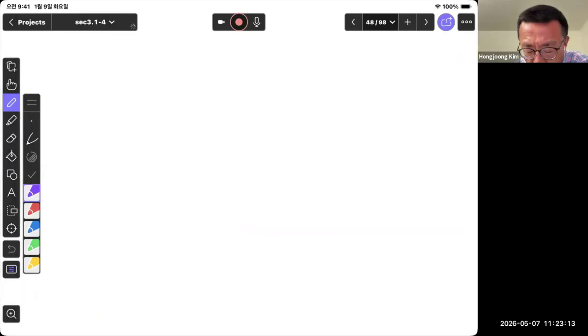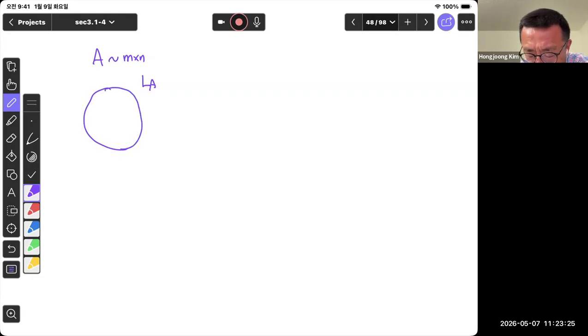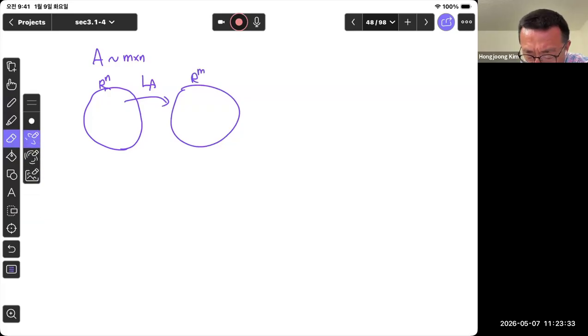So here, if A is an m by n matrix, then the transformation L sub A is a mapping from Fn to Fm space.